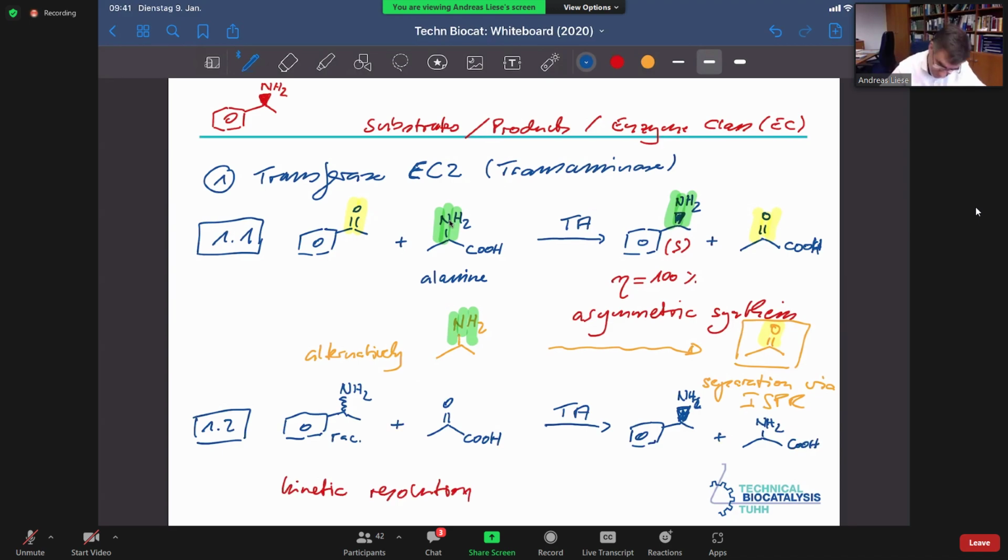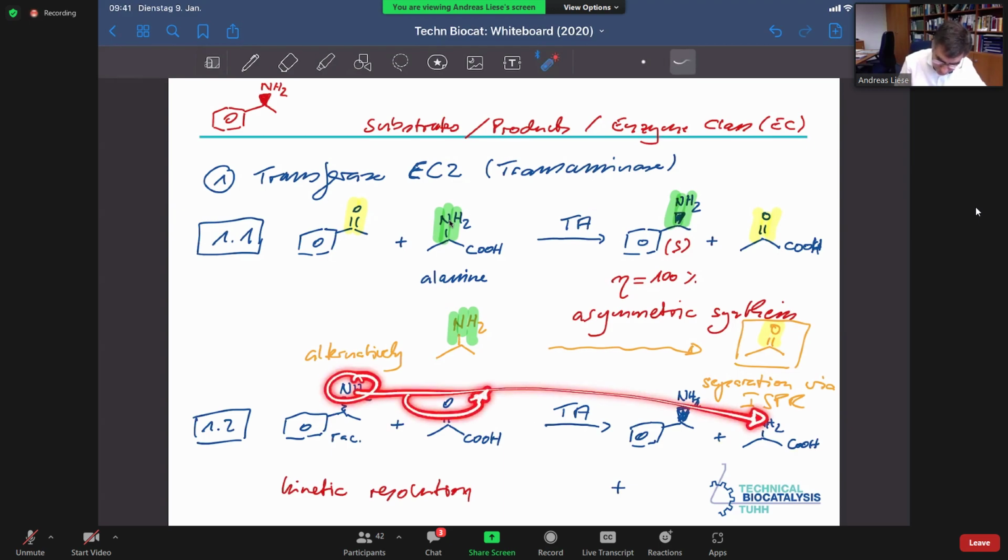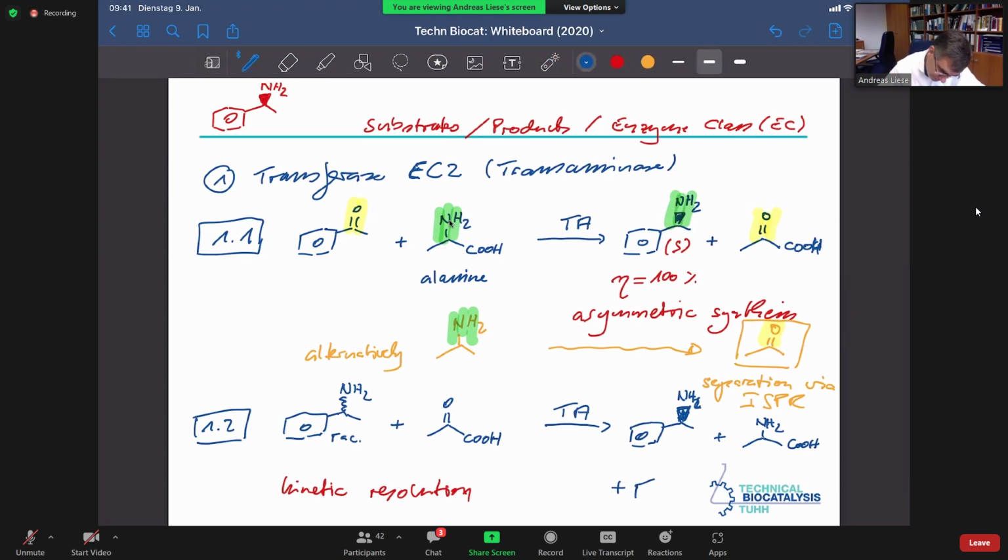Plus, where we have moved away the amine function to the alanine, we get the reaction product itself, which is the phenylacetone.